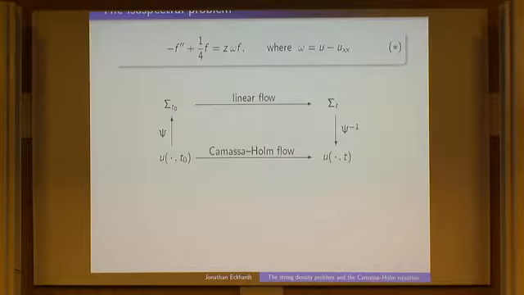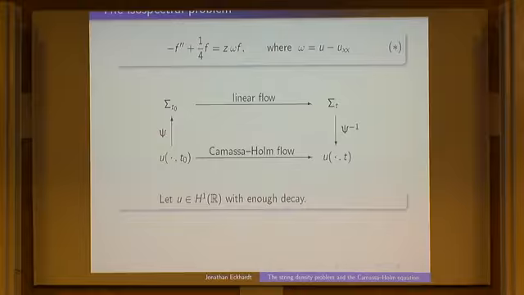So if we go back to the scheme here, I did not tell you what the sets sigma are, but now that we fixed one of these cases, we can introduce them properly. We will always assume that U is at least H1, which makes omega in H minus 1, which is not so much of a problem, at least locally, but we will need some additional decay for U. I will not specify this, but in all cases I will show you there will be enough decay to allow what we do next, to introduce this set sigma.